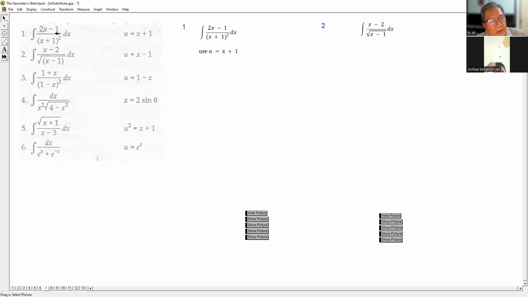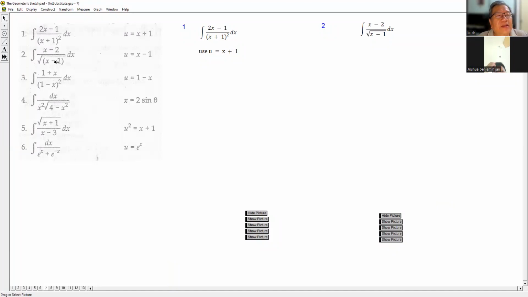Here there is a list of questions, and they tell you what substitution to use. So this one, very complicated function, right? They tell you to use the substitution u equal to 1 plus x.